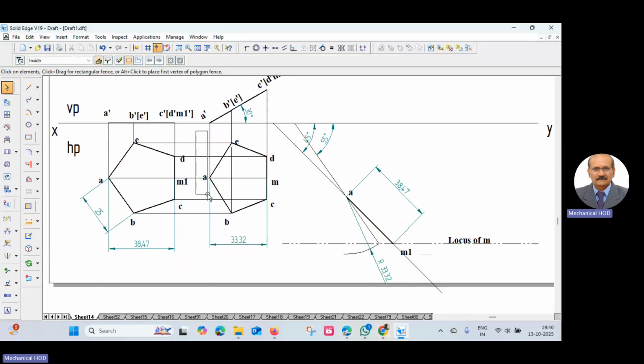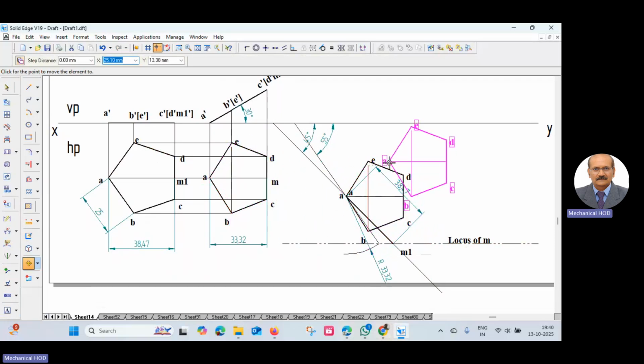Select the second top view like this. Then move, copy on, move from A, keep it on the end of this line, one more A, come out and right click. Then rotate, copy off.